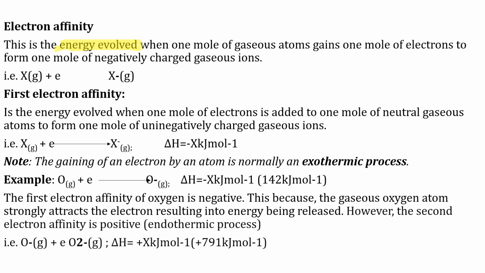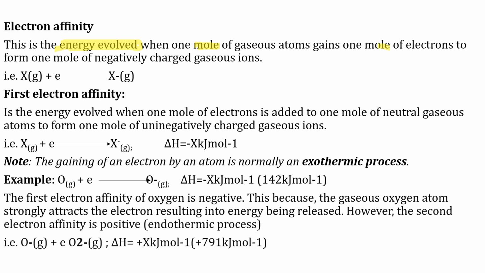Once again, if you are using mole, make sure that your definition is improved. That's why I was saying energy evolved. I said electron affinity is the opposite of ionization energy. So, electron affinity is the energy evolved when 1 mole of gaseous atoms gains 1 mole of electrons.